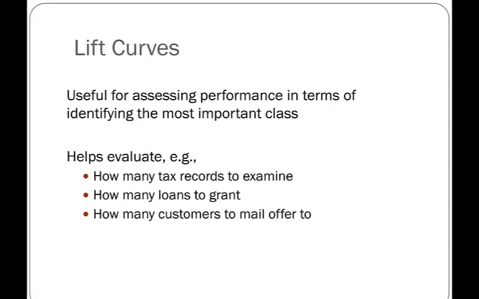For example, if you worked at the IRS and it was your job to determine who was going to be audited, you have hundreds of millions of people in the United States that you could potentially audit. You can't very well audit all of them, and most of them are probably not cheating on their taxes. So you want to be able to identify those who are most likely to be cheating and audit those. So a lift curve is something that would help you to do that.